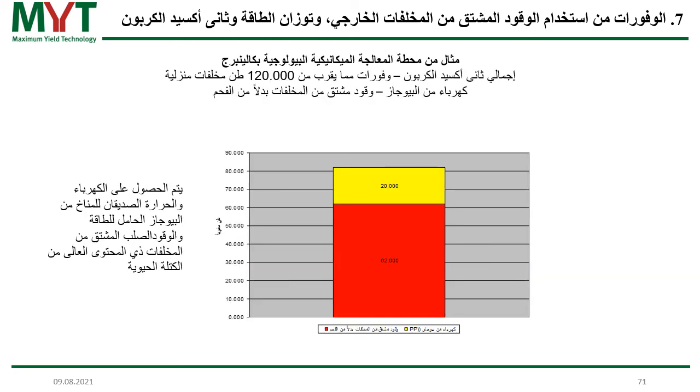And not only the municipality, also the environment benefits very much from an MYT process, because the annual CO2 savings from only 120,000 tons of household waste give you about 82,000 tons of CO2 savings.